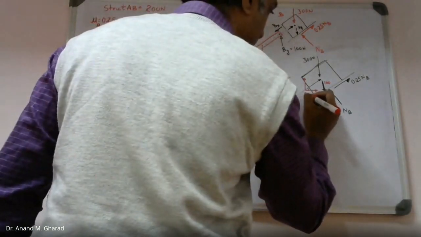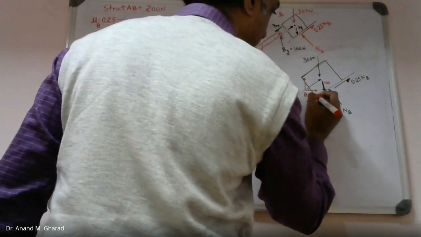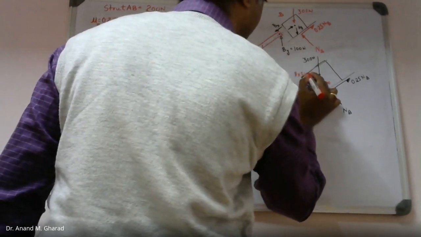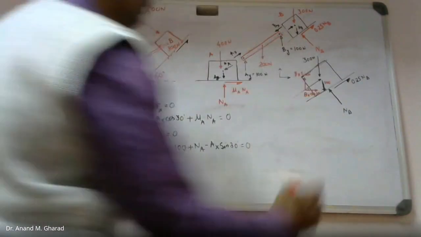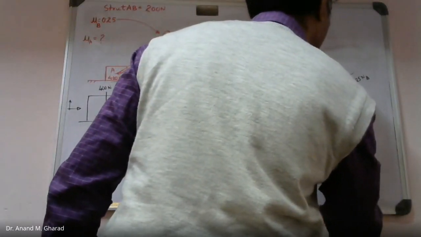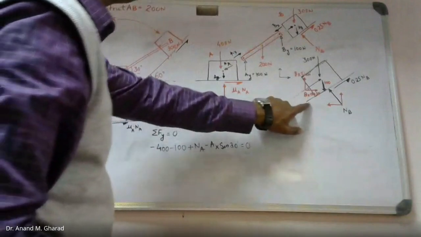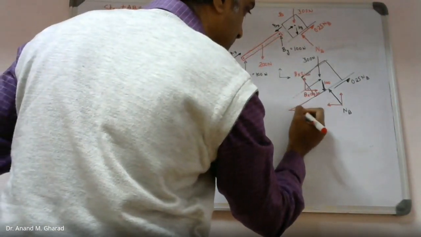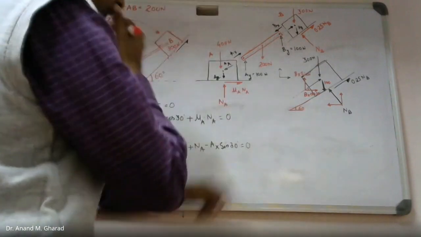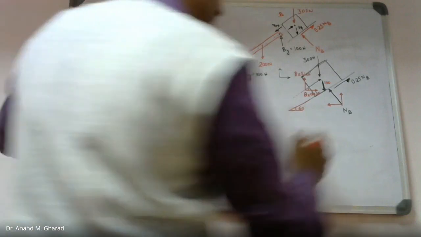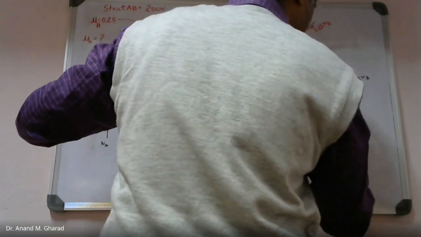So this is Bx cos 30, Bx sin 30. Then this. Now we need to be careful over here because you can see this inclination. This is 60 degree. Okay. And this normal reaction is with respect to the 60 degree inclination, right? So this will be 30 degree.